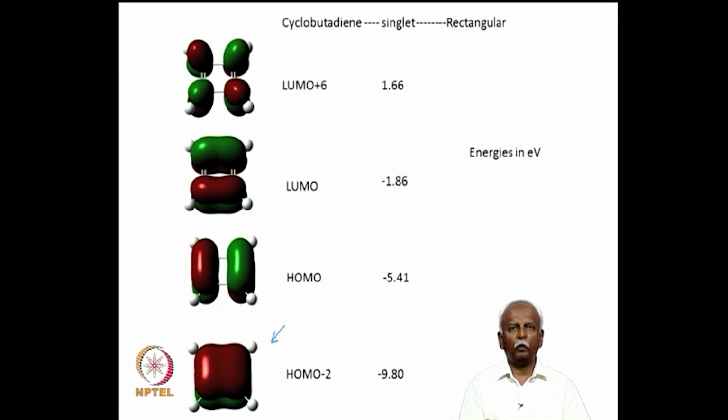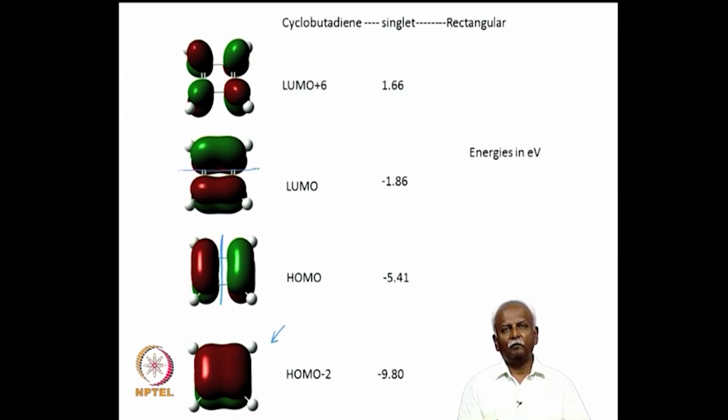Similarly, you have one node in the pi system, and that is the highest occupied molecular orbital. Now, you will notice that there is one node here, and then the second one has also got a node, but that node is perpendicular to the first node that we drew, and that is the lowest unoccupied molecular orbital.